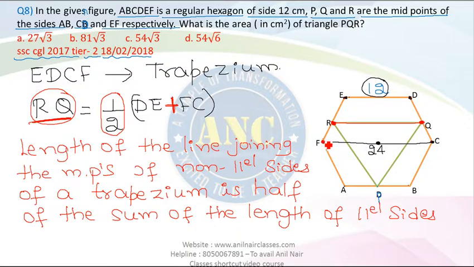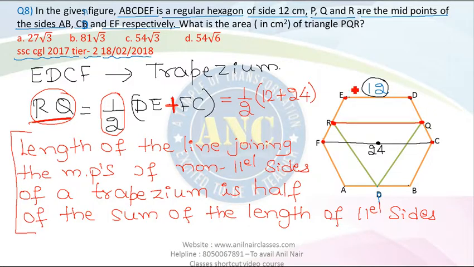Parallel sides of this trapezium are FC and ED. That is exactly what I have written here. If I directly write it here, you might not understand, therefore I wrote this property also. That means I can substitute right now: half of DE value 12 plus FC value 24. 24 plus 12 is 36, it is 36 by 2.